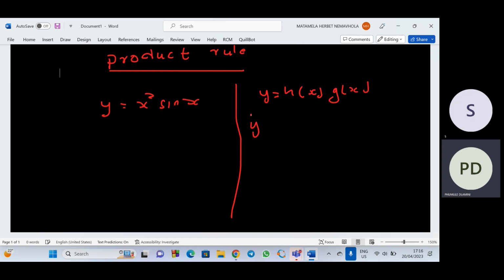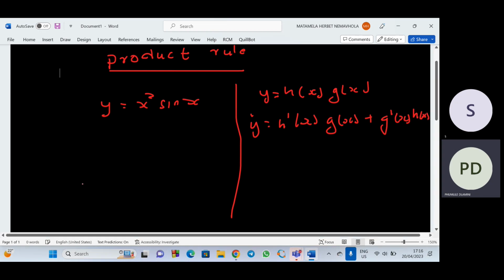To differentiate this function, you first differentiate h of x, where prime means differentiating, and you leave g of x as it is. Then you add, and you differentiate g of x, g prime of x, and leave h of x as it is.